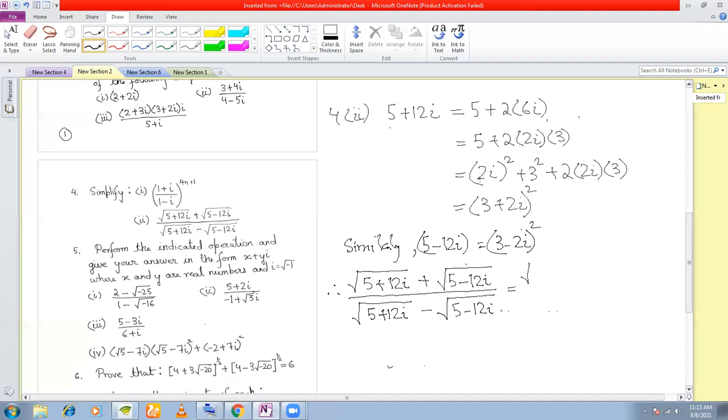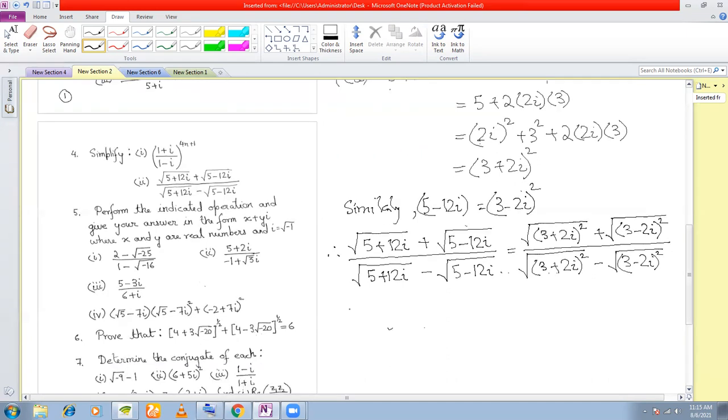So root over of 5 plus 12i, I have written it as a perfect square, 3 plus 2i whole square, plus root, this is 3 minus 2i, okay, this is root over of again 3 plus 2i whole square minus 3 minus 2i whole square.